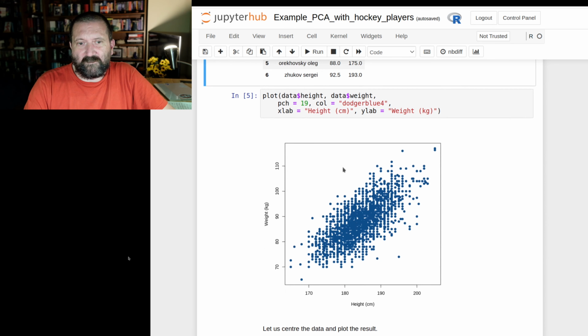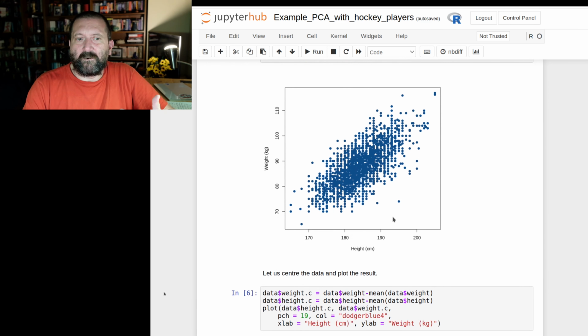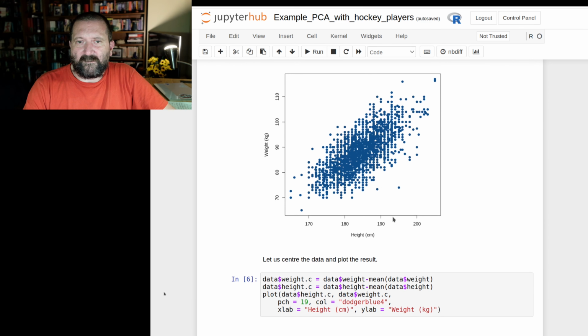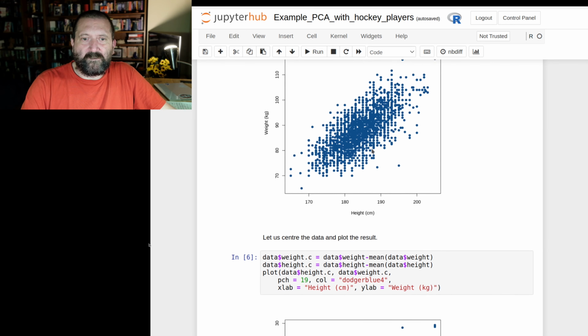So we get something that is more concentrated. And these are the points that we are going to look at. Now, the first really important step to take whenever you're doing your PCA is the one that we do now.